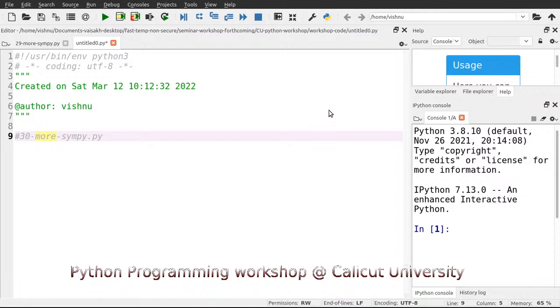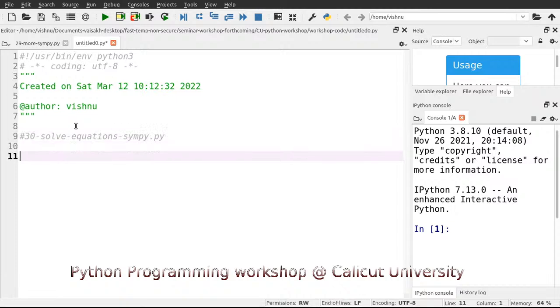We have seen symbols. Now we are going to see how to solve equations using symbolic Python. So for this, let us import symbol and the solve function.